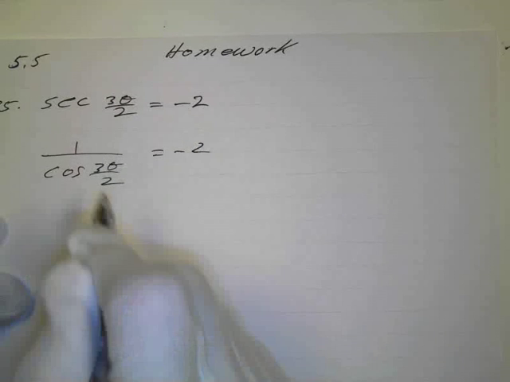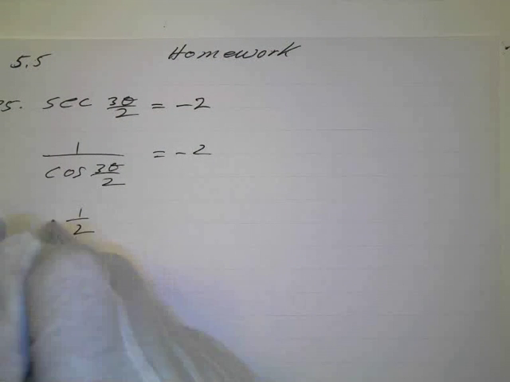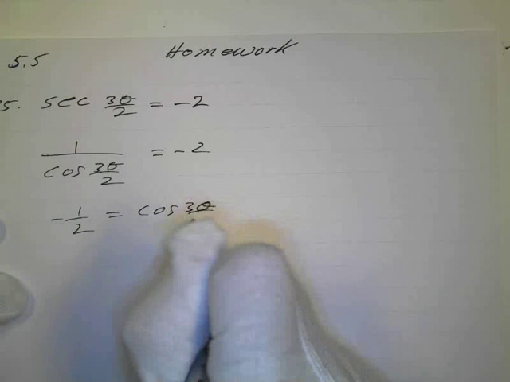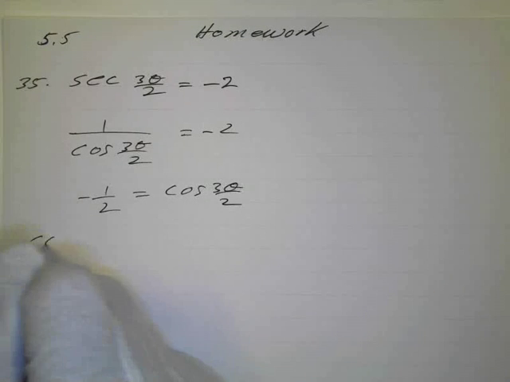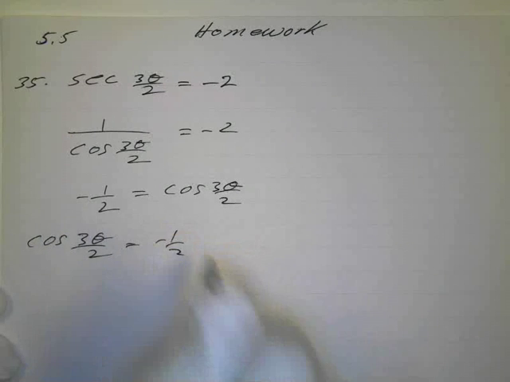The secant is the same thing as 1 over the cosine, so I'm just going to change it. And then if I put this on top and this on the bottom, I get -1/2 equals the cosine of 3 theta over 2.